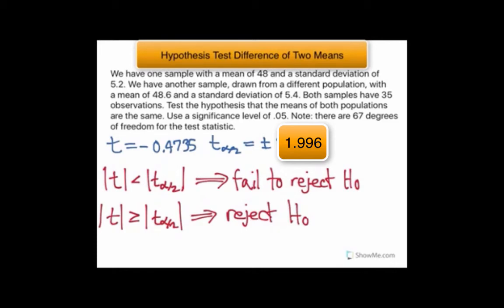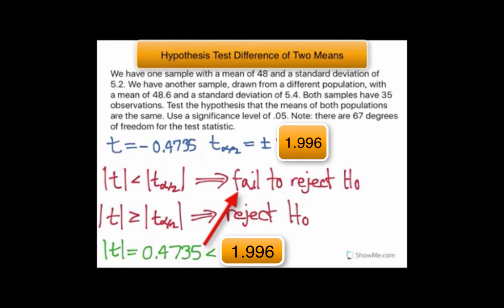So if we look at this specific one, the absolute value of our test statistic is positive 0.4735, and that is less than our critical value. So that means we fail to reject the null hypothesis.